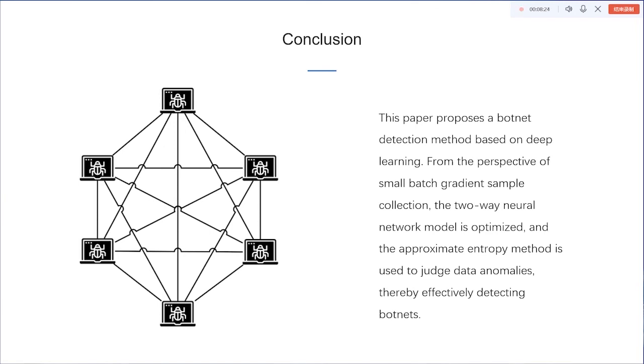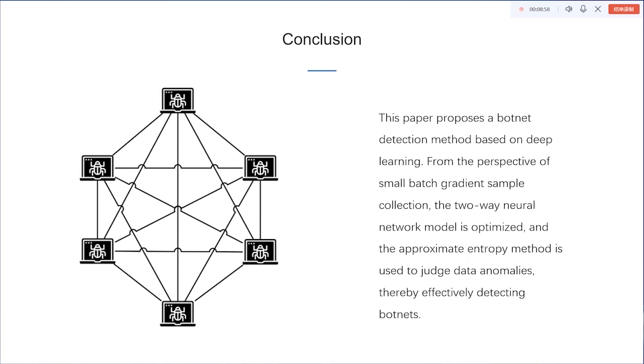Research data shows that the model has good performance and can identify botnets more accurately. Combined with the traditional model methods, this model method can learn the characteristics of botnet traffic more comprehensively and effectively. When the small batch sampling range is reduced, the accuracy of botnet detection is significantly improved.